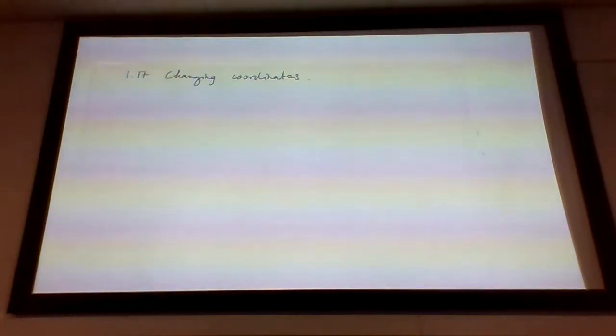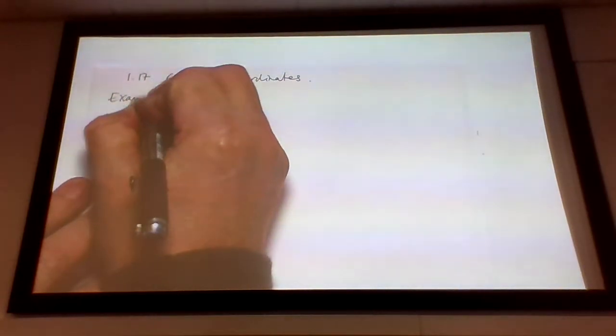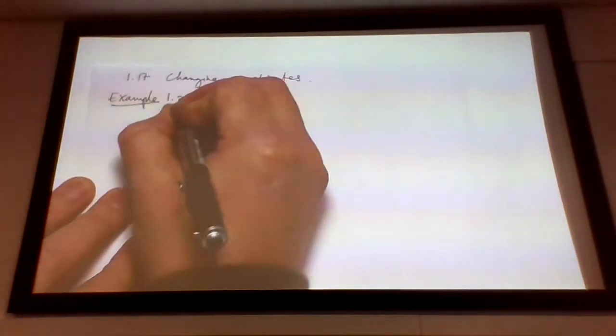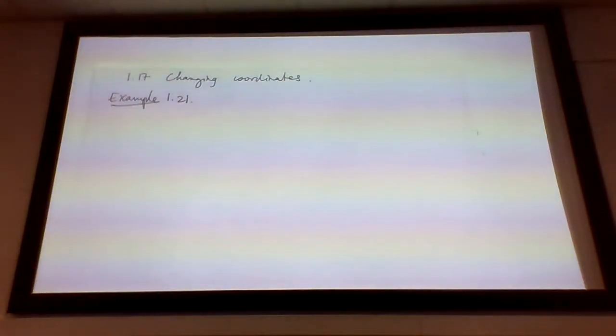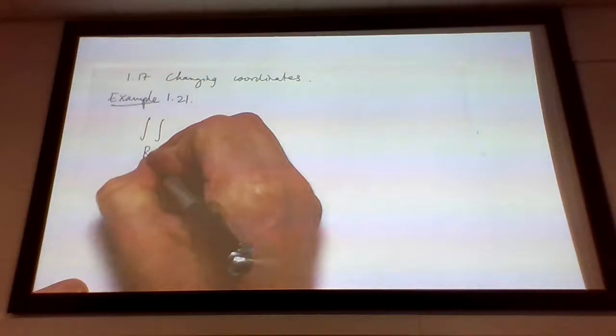Changing coordinates. Okay, well, let's jump to the first example, example 1.21.